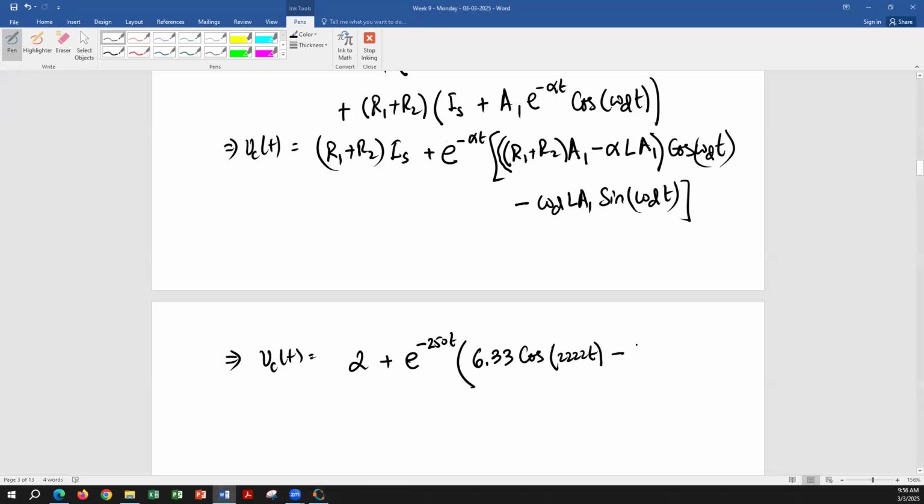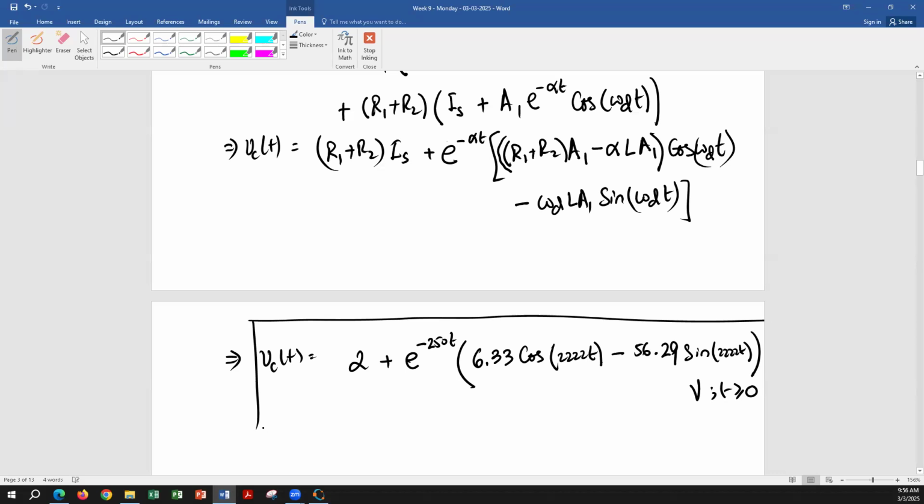That's 56.29. 56.29 sine 2222 volt for t greater or equal to 0.